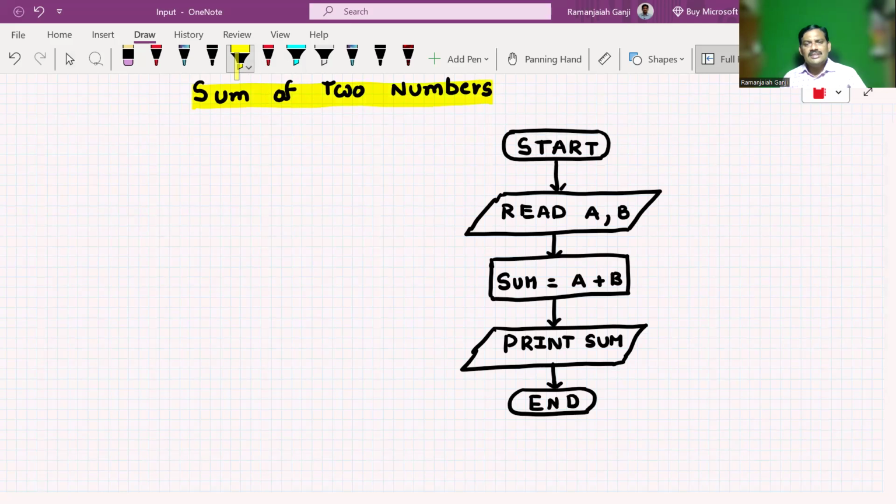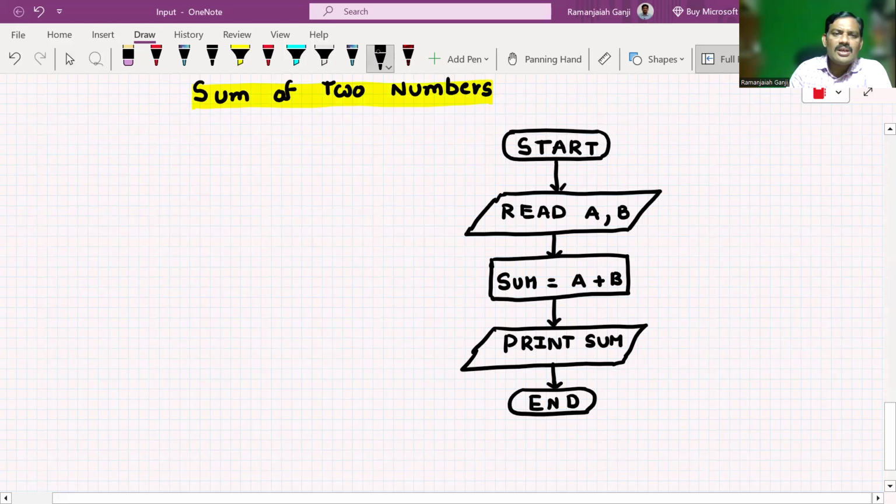First one is start. Second one is you have to read A and B because I want to find addition of two numbers. And then sum is equal to A plus B. You need to calculate the sum value. Print that sum value, finally end.